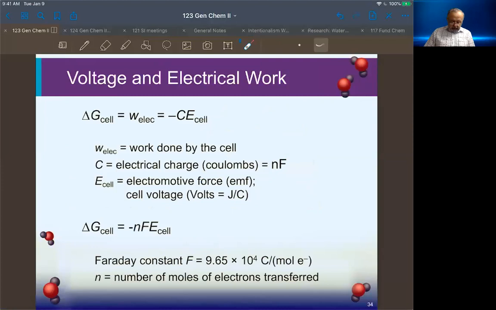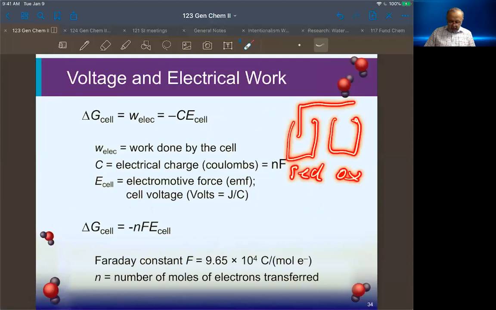To get that energy out, we need to separate it into 2 cells, a reduction cell and an oxidation cell, and then put a wire. And then we can run, let's say, our lamp or our motor.